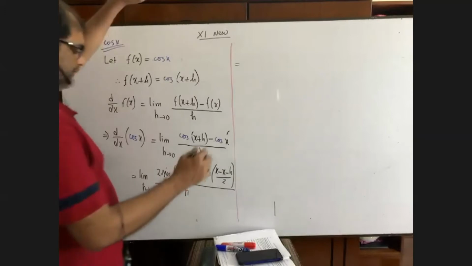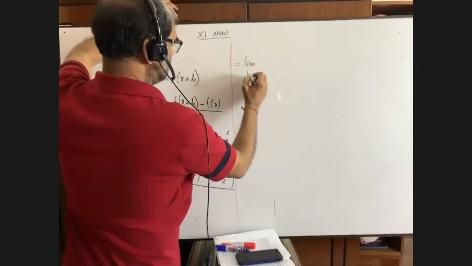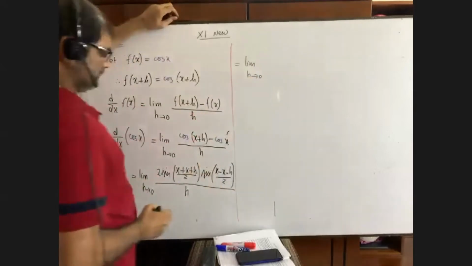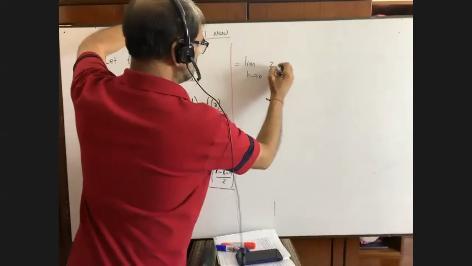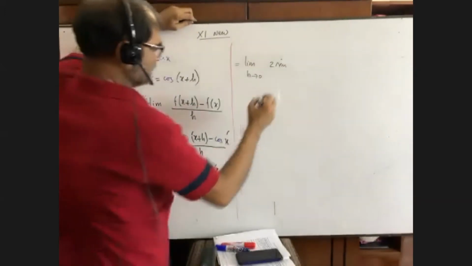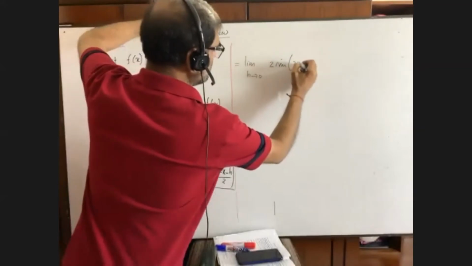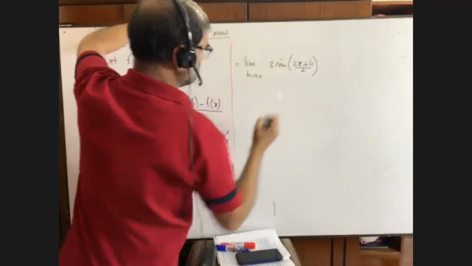Now you see limit h tends to 0. We are getting 2 sine of 2x plus h by 2. Is it?